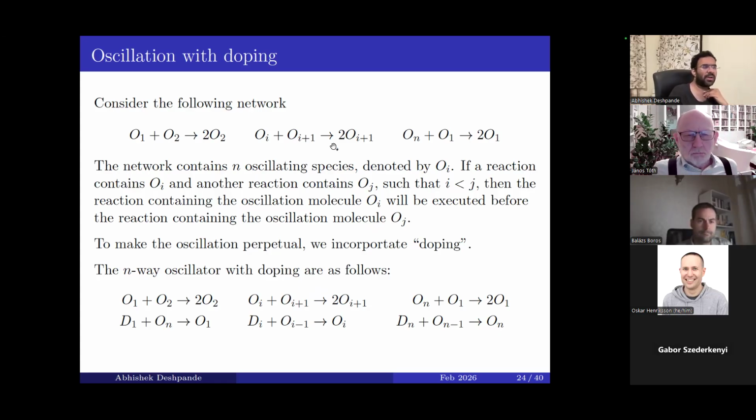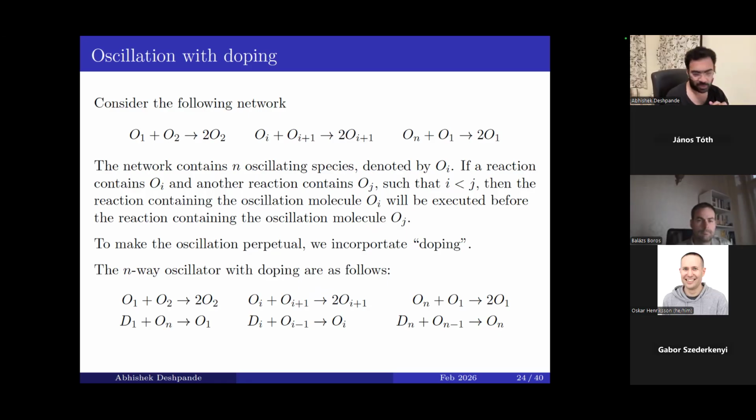This is just a snapshot of the oscillation molecules. The network is much bigger than this, but I'm just telling you what kind of things we are using. But there is a small problem: if you use oscillation molecules as is, they eventually die out after a certain time because they are never perpetual.